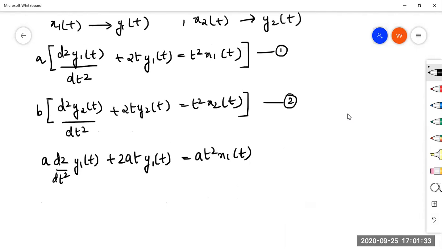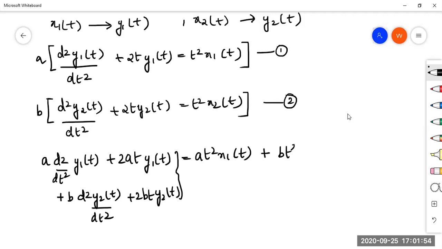Adding the second equation, on the left hand side two more terms will come, b d square y2 of t divided by dt square plus 2bt y2 of t. This should be equal to a t square x1 of t plus b t square x2 of t.